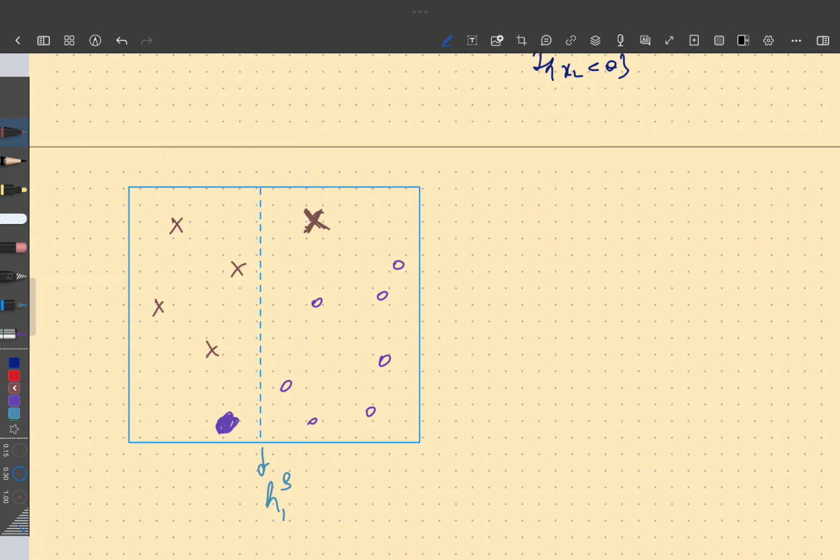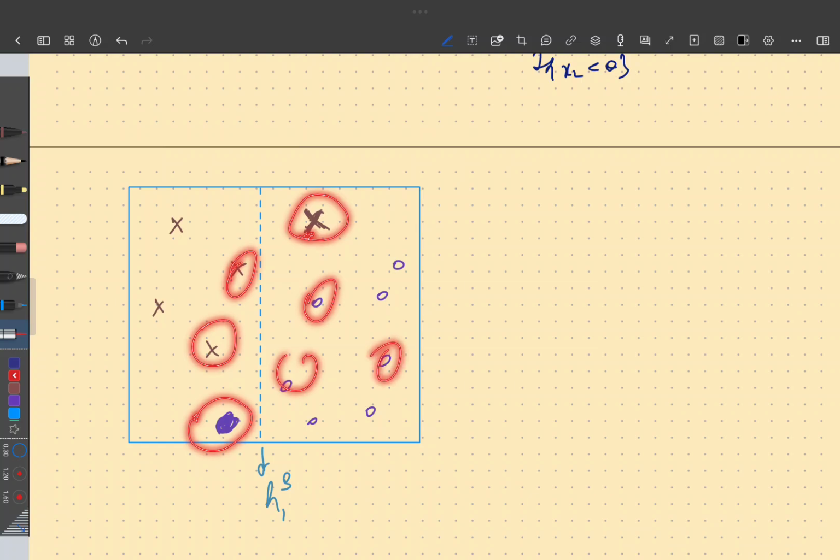When I sample the data sets, I'm sampling with replacement. That's important. In my new sample data set, maybe I observe this point thrice, this point twice, and some of these points once.